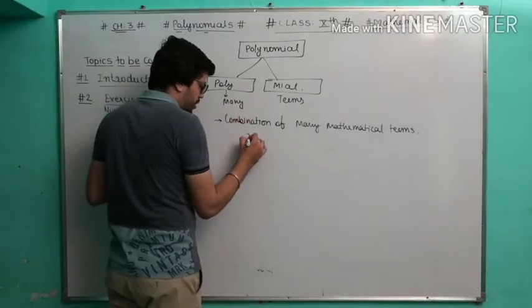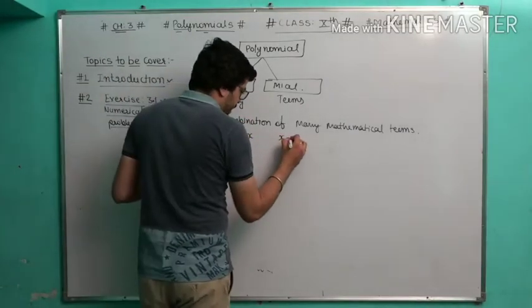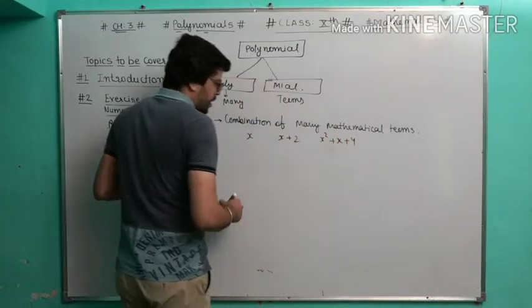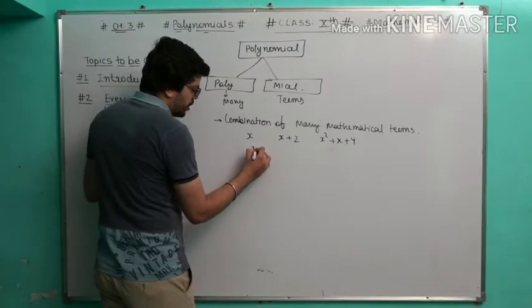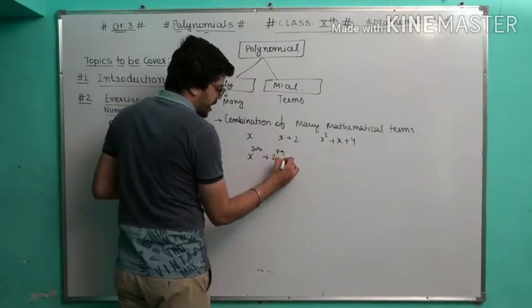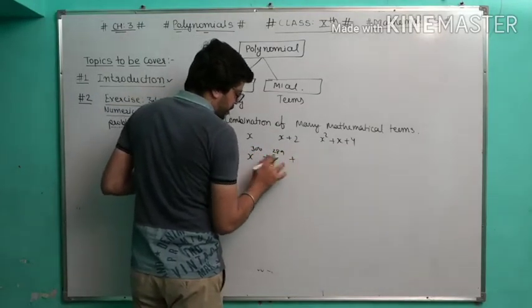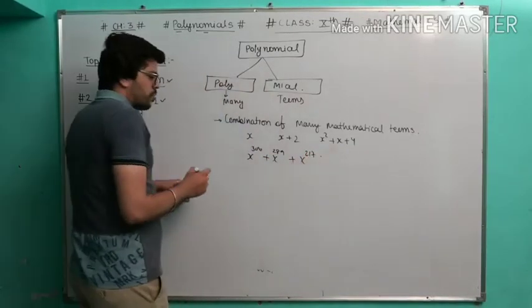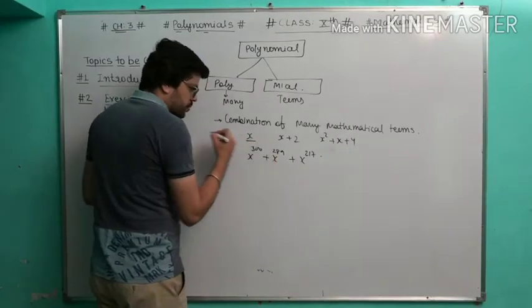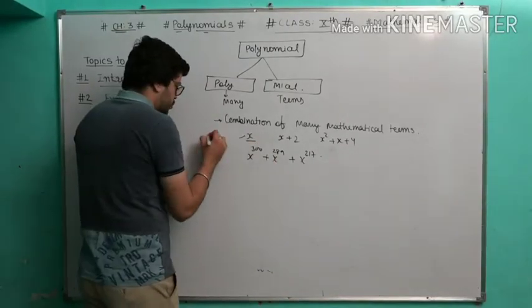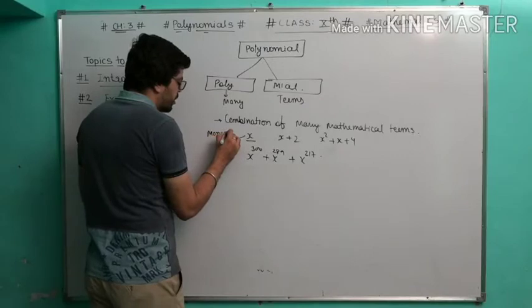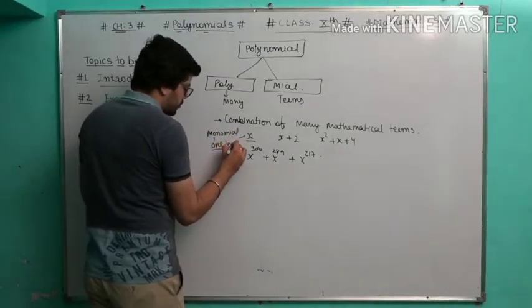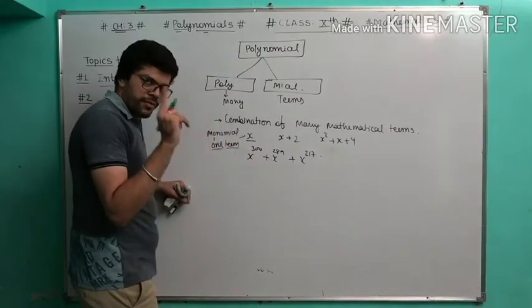Suppose I talk about here x, another is x plus 2, another is x square plus x plus 4, another is x to the power 300, x to the power 289, and x to the power 217. So how many terms here? One term. It is called a monomial. Mono means one term.